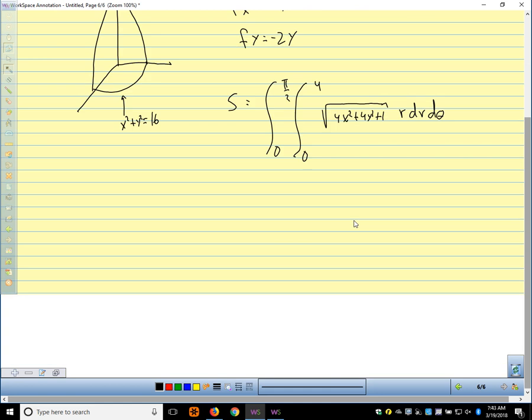We need to express this quantity in terms of polar coordinates, and we get the square root of 4r squared plus 1, r dr d theta.